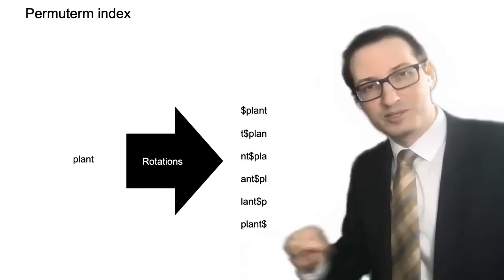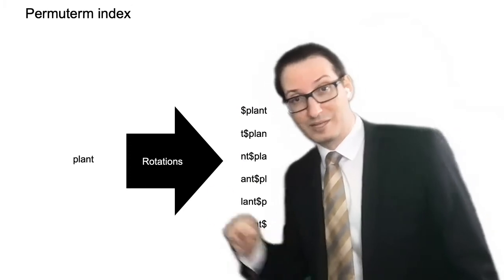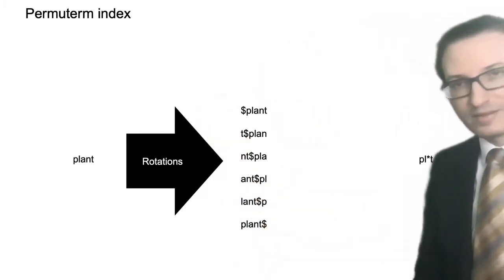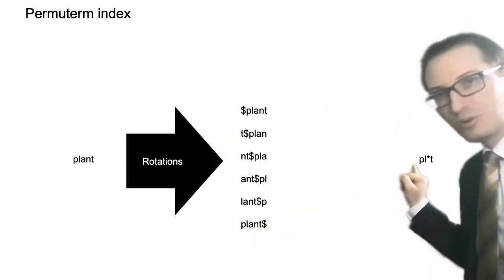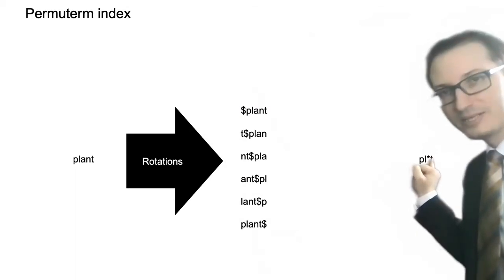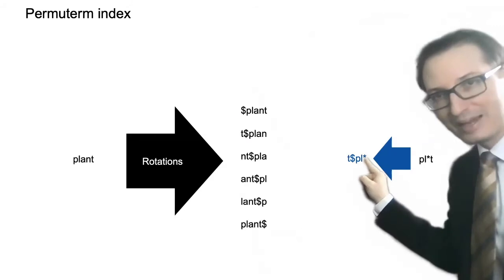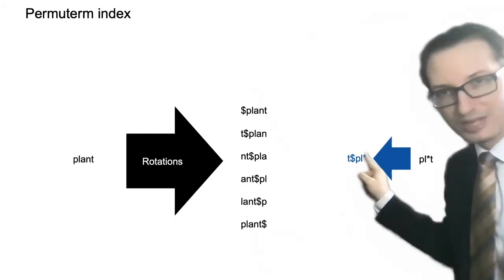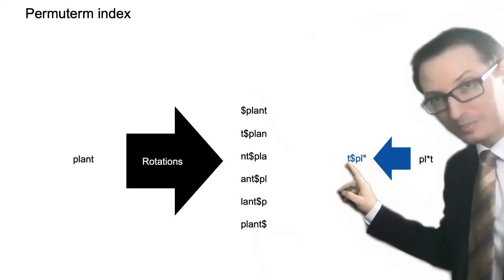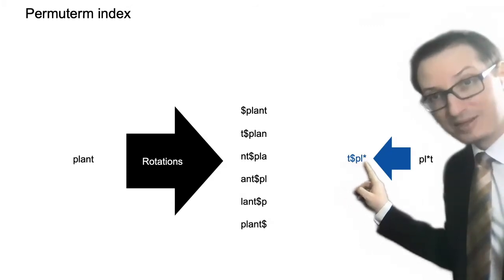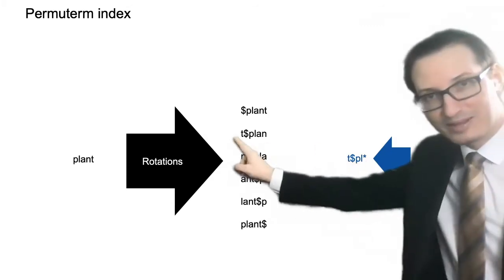So this is called the permuterm index, and we have this dollar. The idea then is that if you have PL star T, you rotate that to make sure that the wildcard is at the end, because we saw that at the end it's easier to answer. Now we are looking for $T PL star, and right there, it's here.